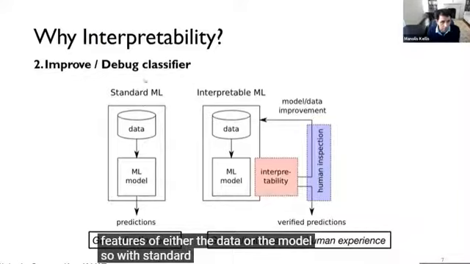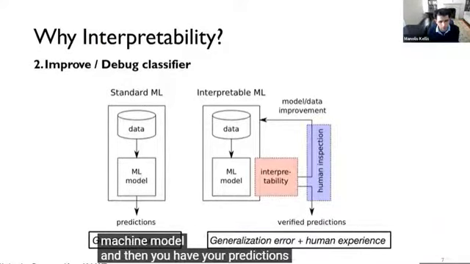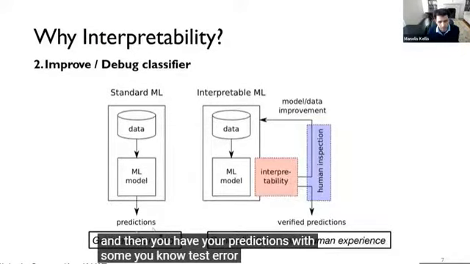So with standard machine learning, you basically have your data, you build your machine model, and then you have your predictions with some test error, training error, generalization error, and so on and so forth.